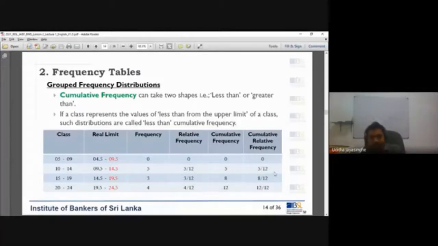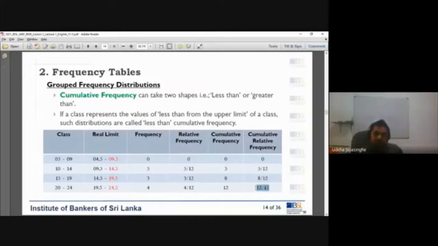The cumulative relative frequency is nothing but, again, from frequency we construct the relative frequency. How did we do that? We have the frequency total here. The cumulative relative frequency is also very simple. We do the same exercise from the cumulative frequency column instead of the normal frequency column. So we start here, 5 divided by 12, 8 divided by 12, and 12 divided by 12.